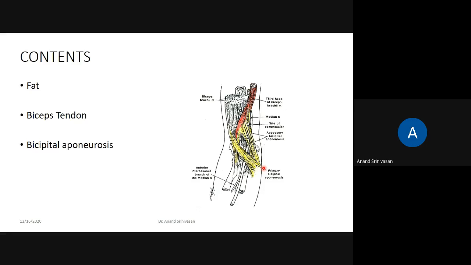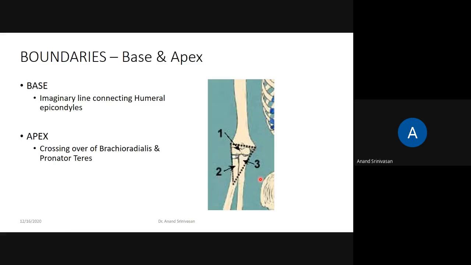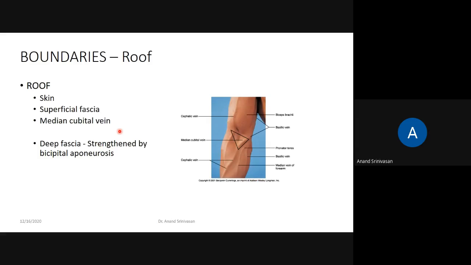If they poke too hard, it is going to damage the nerve as well as the blood vessels there. So it also forms like a protective shield. That's why we usually prefer the median cubital vein for withdrawing blood.